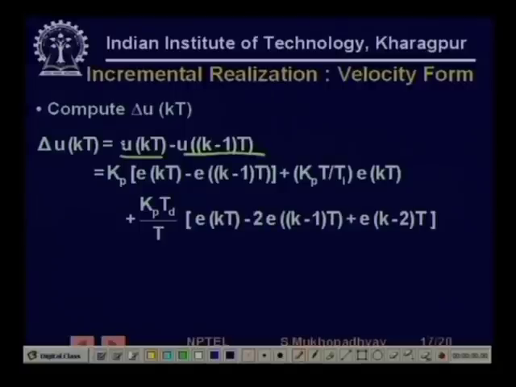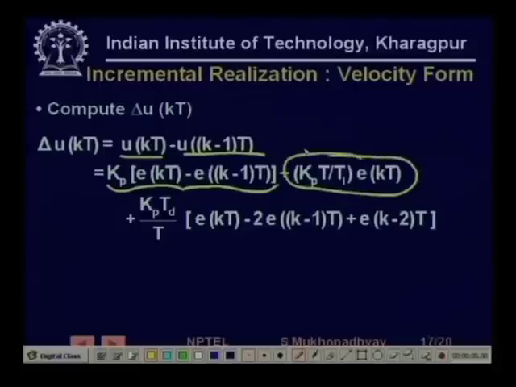We just substitute the previous formulae of u(kT) and u((k minus 1)T) and then subtract. The proportional term subtraction gives Kp into E(kT) minus E((k minus 1)T). Similarly, the integral term is basically I(kT) minus I((k minus 1)T), so it will give that additional term which I obtained.